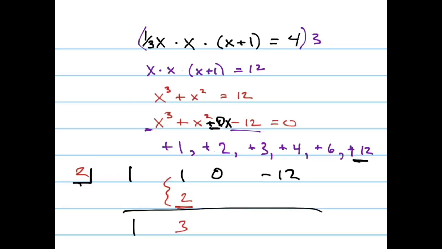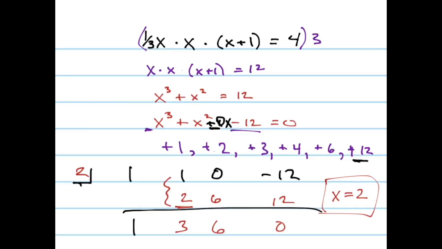Sarah? Ethan? 6. Lily? 12. Nate? 0. Hey, we found a solution already. X equals 2. Ingrid's either really good at guessing or looked ahead in the book and cheated. Let's just pretend she's really good at guessing today. Is that okay? Yeah. Okay.